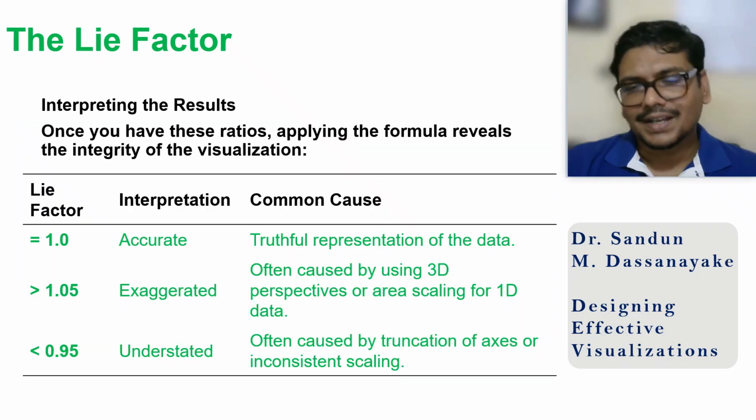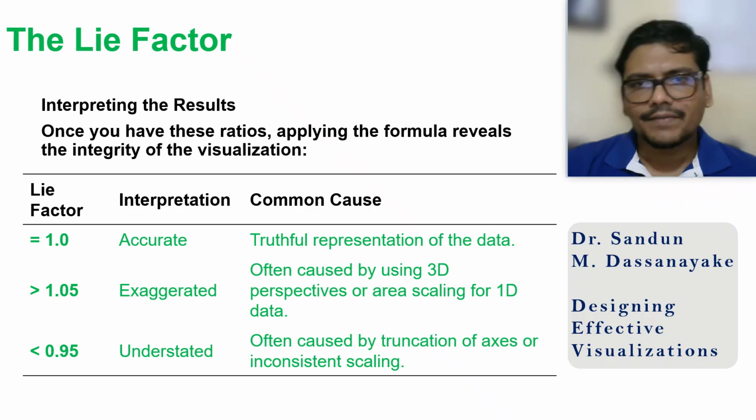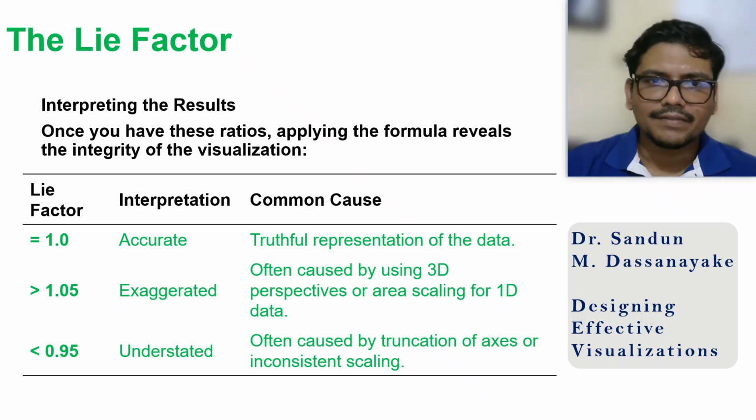A truthful chart has a ratio exactly at 1.0. When the lie factor exceeds 1.05, it indicates exaggeration, often due to the use of 3D effects or area scaling for 1D data.